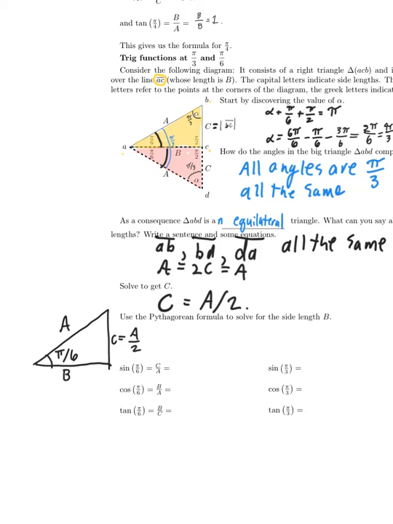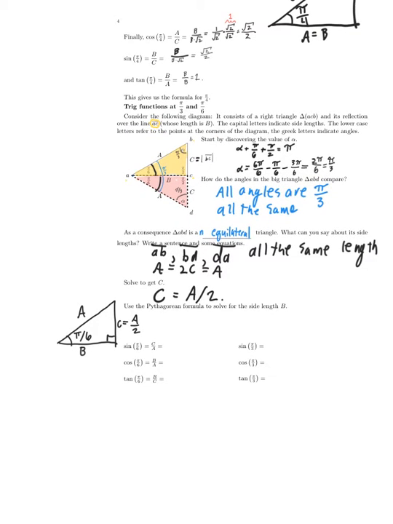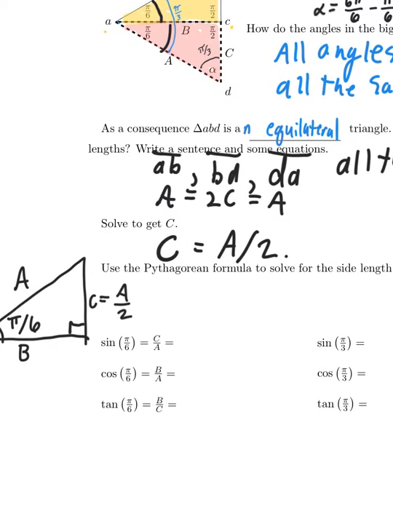But this is also a right triangle, so there's a relationship between the three sides, namely the Pythagorean formula, which says that A squared is equal to B squared plus C squared. So that means that A squared is equal to B squared plus (A over 2) squared.